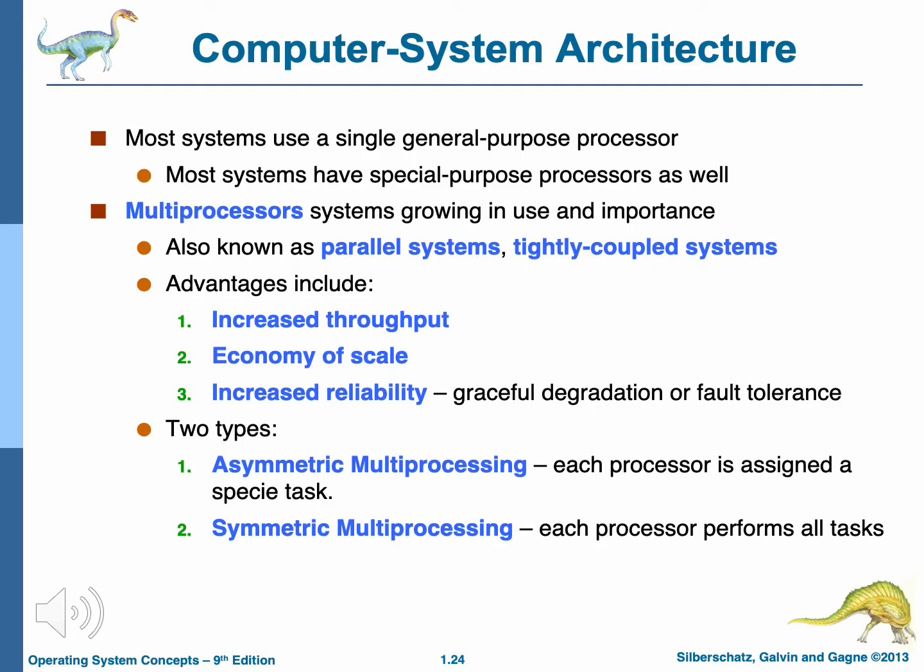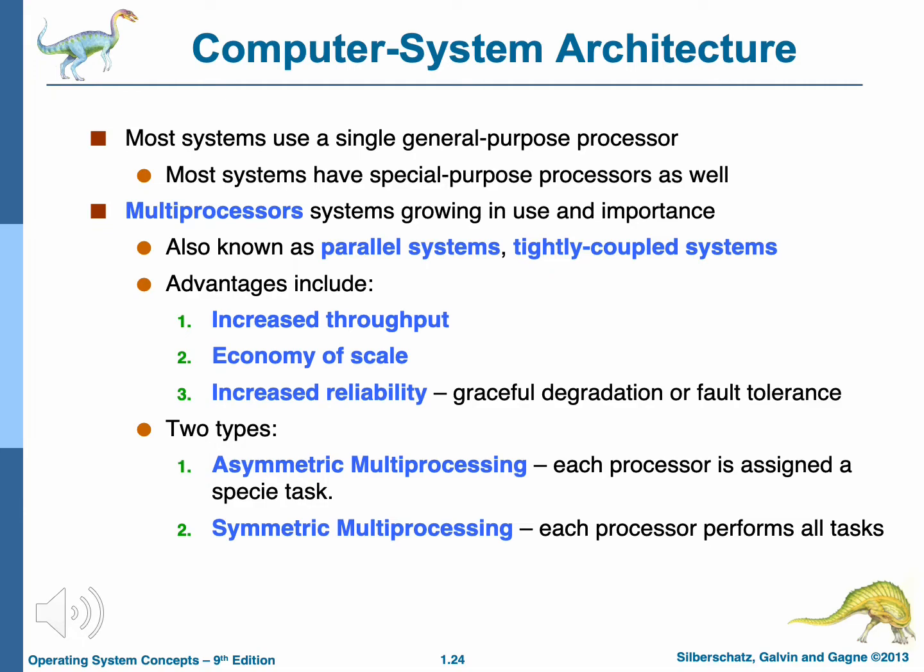The use of special-purpose microprocessors is common and does not turn a single-processor system into a multiprocessor. If there is only one general-purpose CPU, then the system is a single-processor system.